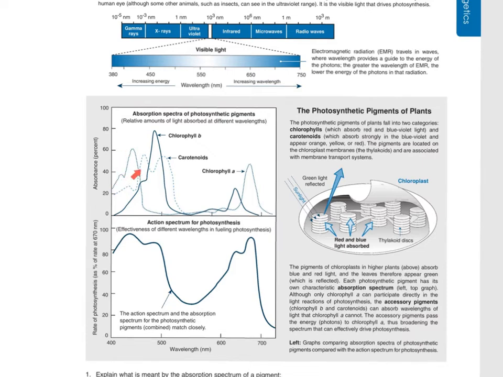The carotenoids, what color do you think they're absorbing? They're absorbing everything from 450 to 550 or something like that. So the carotenoids are pretty much taking care of the yellow range, right?